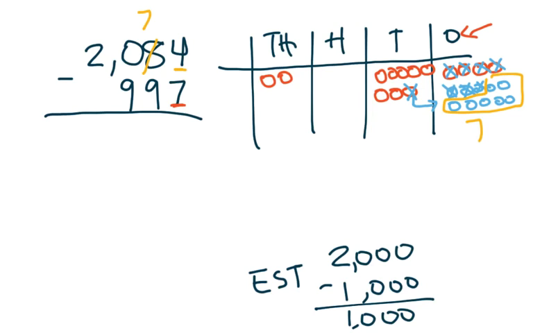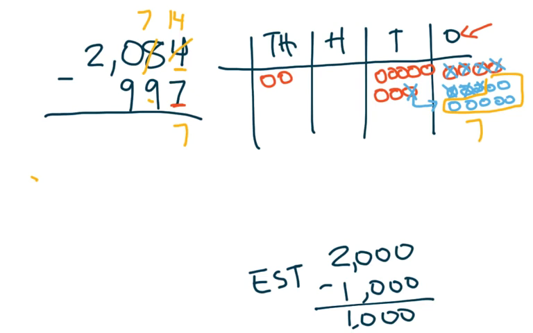And instead of having just 4 ones, I had 14 ones. And as you saw when I counted them up, I had 7 left in the ones place. Okay? Now I have 7 tens left. And the problem states that I need to subtract 9 tens. But I don't have 9 tens.